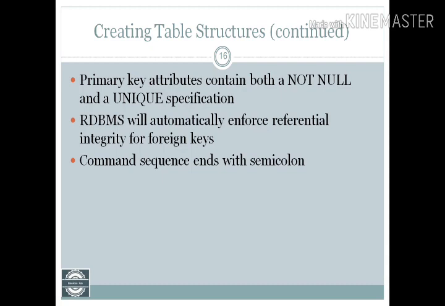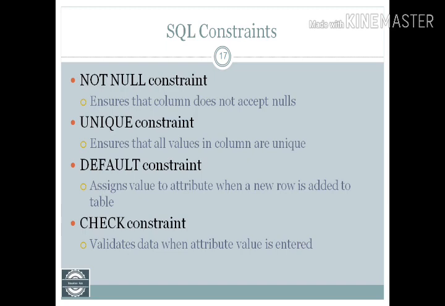Primary key value shouldn't be redundant. The RDBMS will automatically enforce referential integrity for the foreign key. When the primary key comes in a table and its values go to another table, this will enforce referential integrity and define the foreign key. This concept you will get in other lectures also.